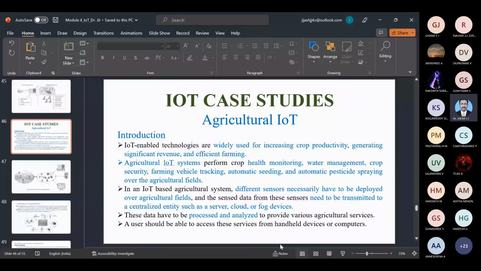So you have to understand the very minimum requirements to enhance your knowledge in this field. We will just go in brief through the agricultural IoT, and where it is widely used for increasing the crop productivity and sufficient revenue, and it also helps us to have an efficient farming process.